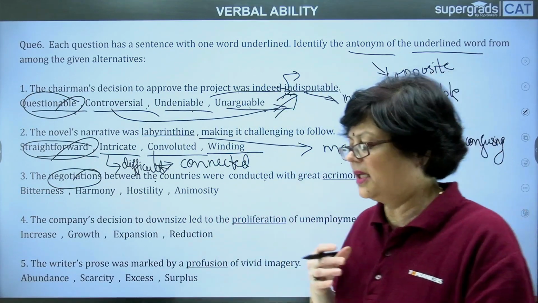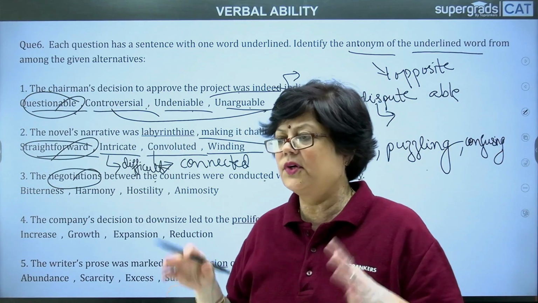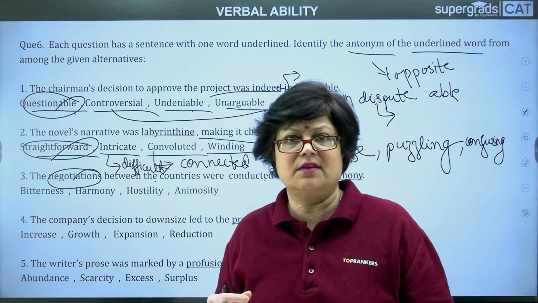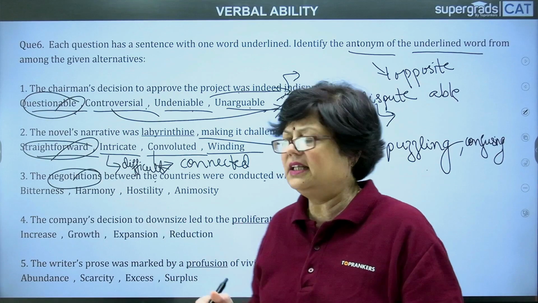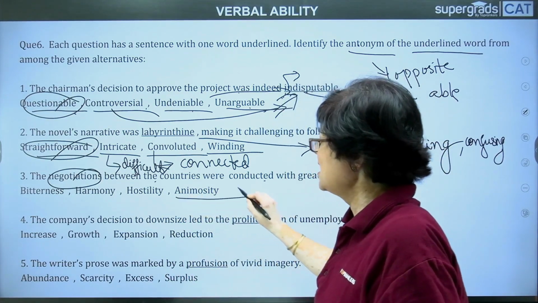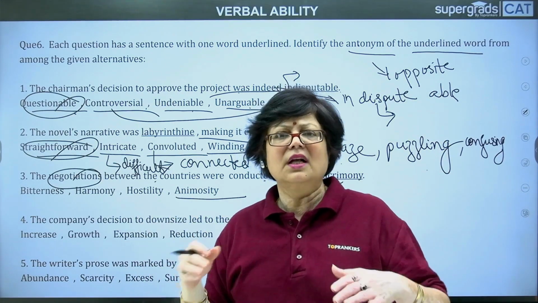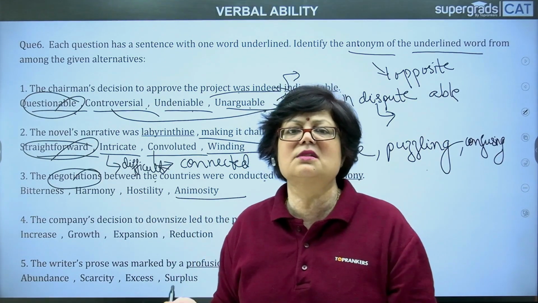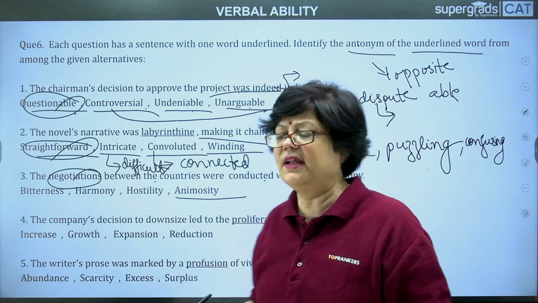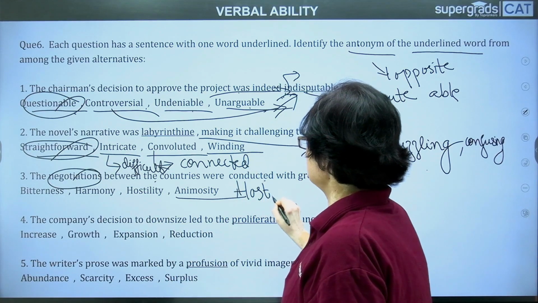Acrimony means something very bitter, full of acerbic nature, very harsh. That is your acrimony. Now let us see animosity. Animosity means like an animal full of enemy, having a feeling that the other person is my enemy. Hostile, a feeling of hostility. Animosity is a feeling of hostility.